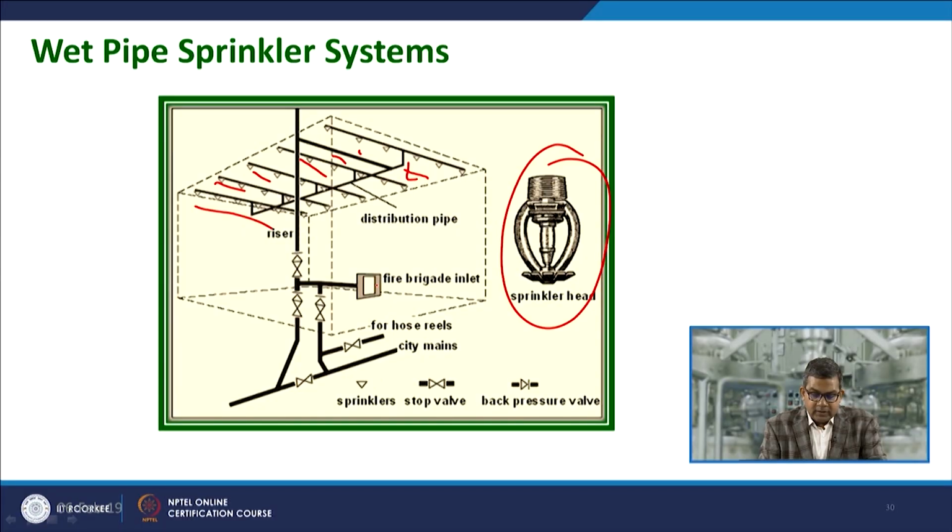This is the fire brigade inlet, and these are the hose reels, etc. They are well supported by stop valves and back pressure valves. So, this is the simplest array of a wet pipe sprinkler system.